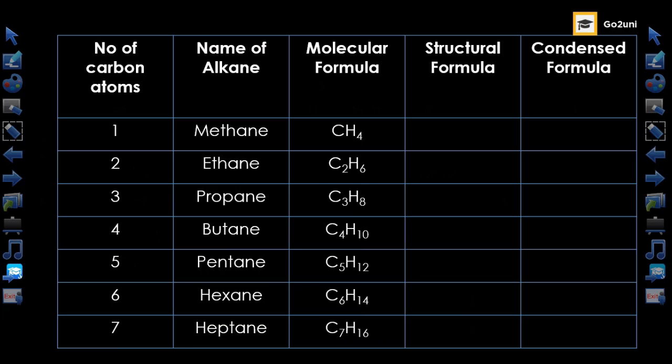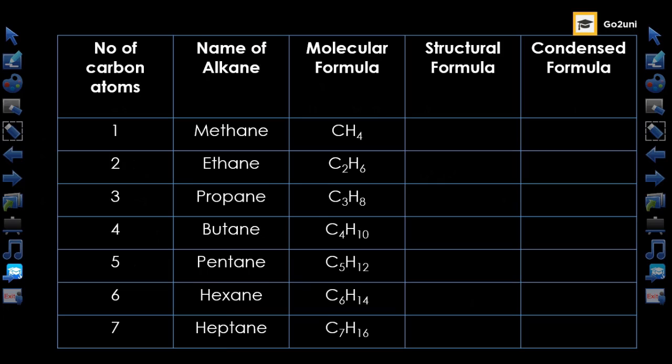The molecular formula of methane is CH4, ethane C2H6. So as we can see, dear students, when we add CH2 to methane, it gives us the formula for ethane, the next member in the family of alkanes.